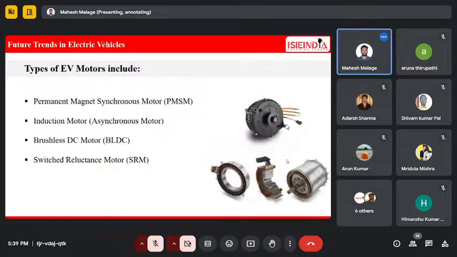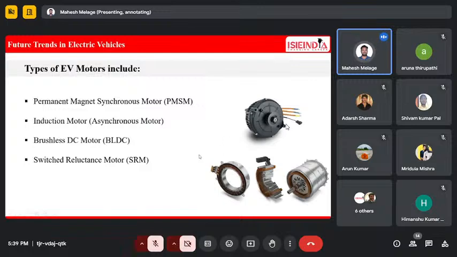Okay. So these are the types of electrical vehicle motors. The first one is the permanent magnet synchronous motor, PMSM motor. Next one is the induction motor. The synchronous motor runs at constant speed. Next is the brushless DC motor, BLDC motor.